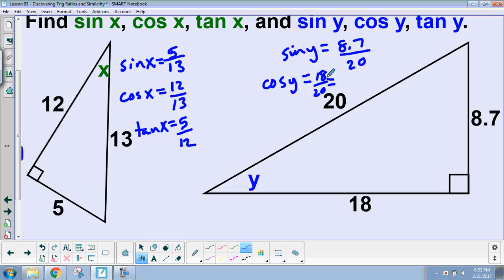And then tangent y would be 8.7 over 18. So, just looking at this cosine y and this cosine x, these triangles are not similar. They don't have the same ratios. Okay?